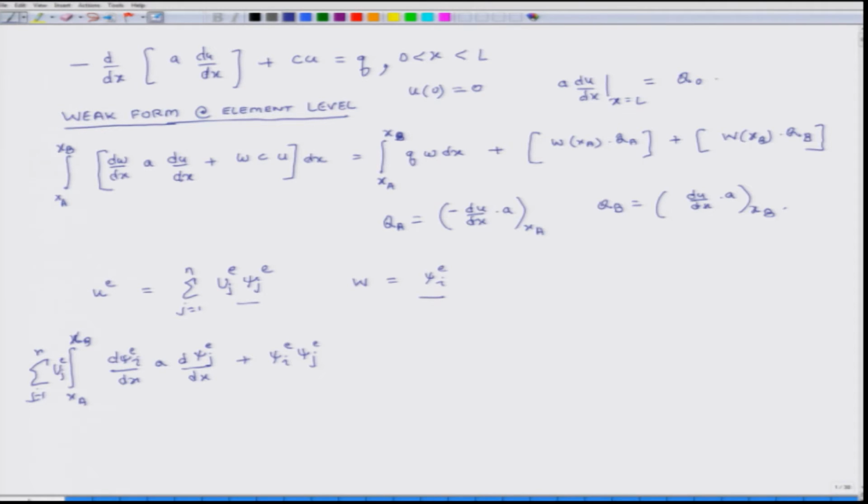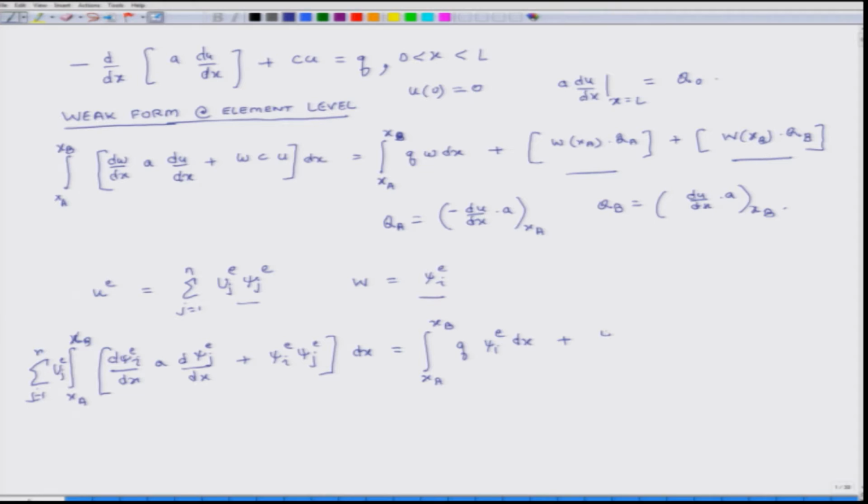So, I have put it here, and this equals, so that is the left side of the equation, and the right side is the integral of q times w, which is psi I, dx, plus I have these two boundary terms.